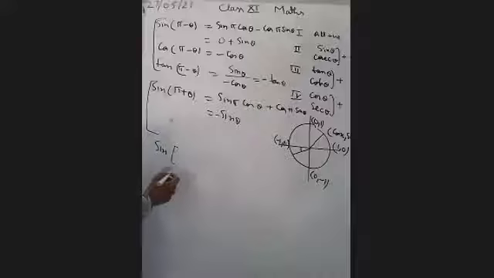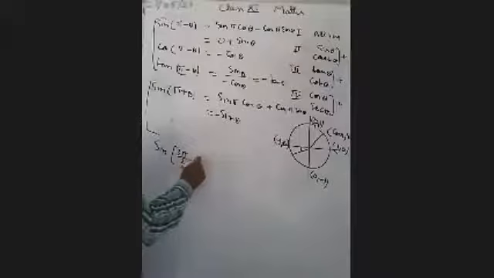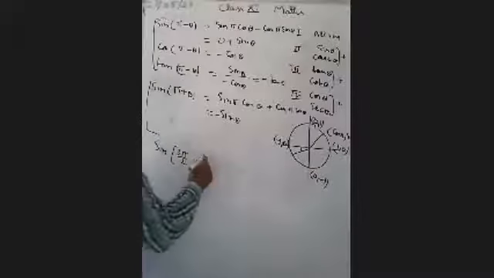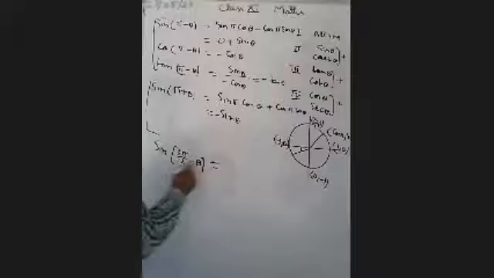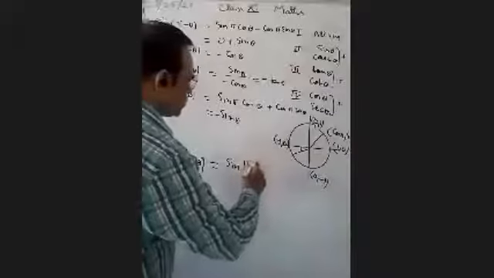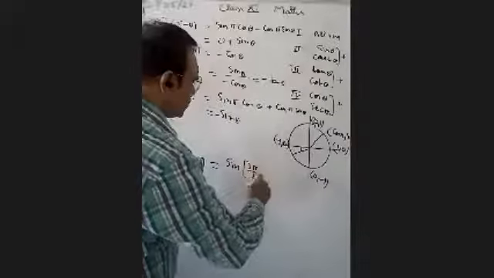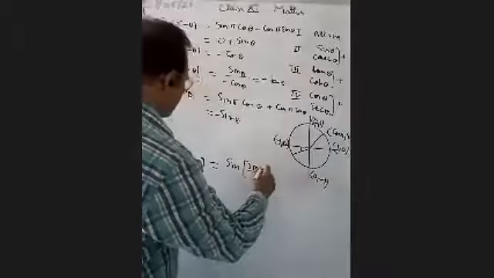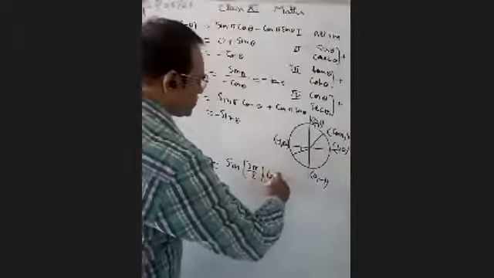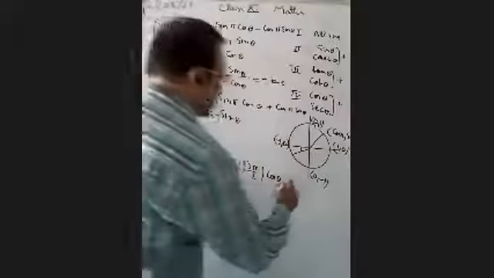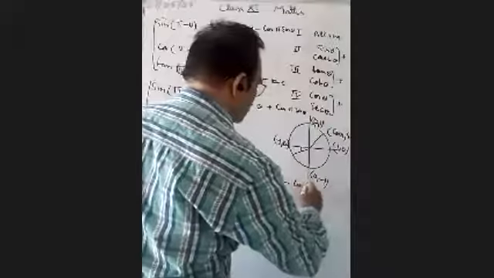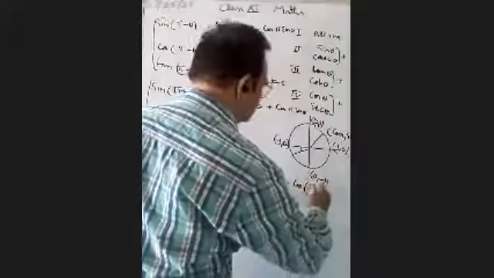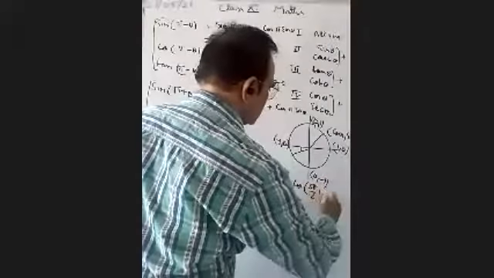Similarly, now I am converting the angle after pi, that is 270, which we can write as 3 pi by 2 minus theta. If we use the formula of sin(x minus y), it is sin 3 pi by 2 cos theta minus cos 3 pi by 2 sin theta.